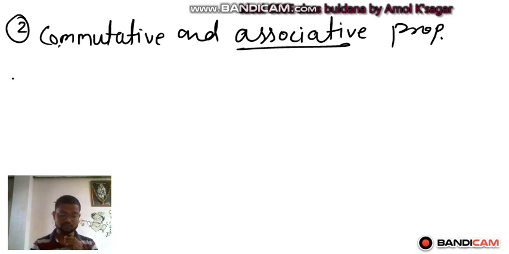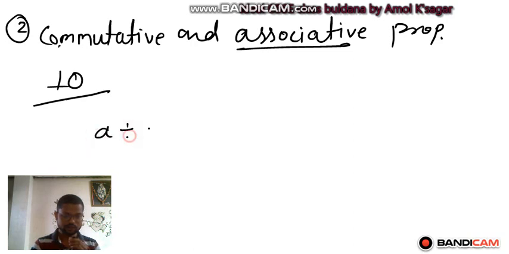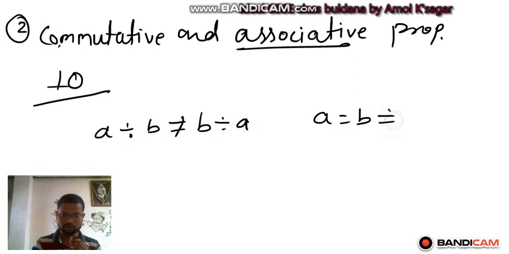Thus a divided by b is not equal to b divided by a, where a and b are not equal to 0.